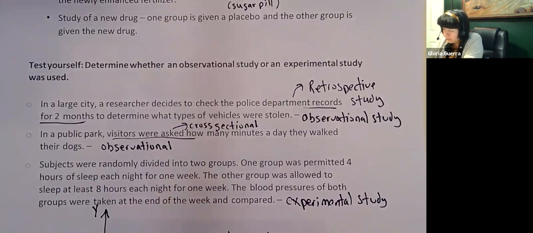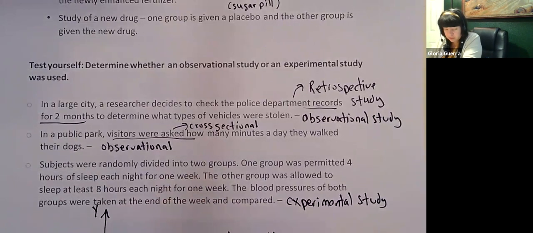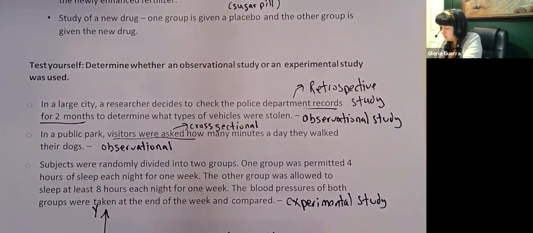And on the next page, it talks about how sometimes they call it the explanatory variable. So here it's going to be the sleep hours. The sleep hours are manipulated, so you can see 4 hours versus 8 hours. And then they're going to look at the y.